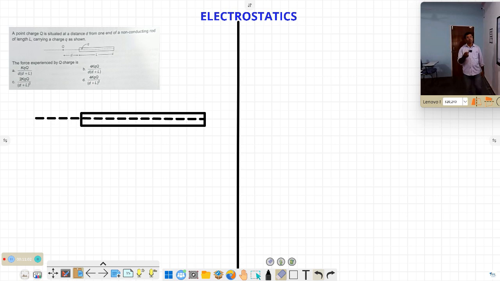Now we will have a problem based on distribution of charge. You can see the question based on the integration method. In competitive exams, this type of model question was asked in previous examinations. So look at this one.